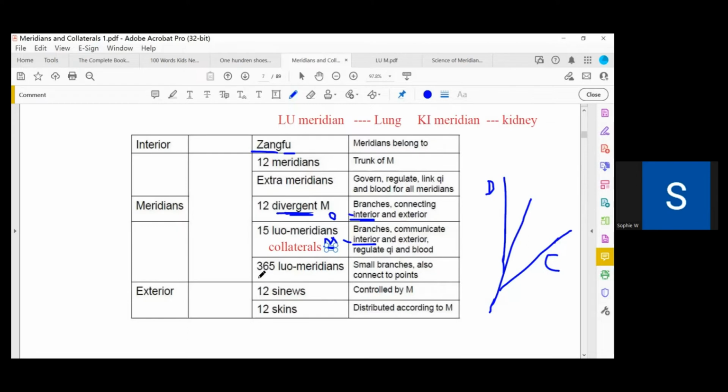And we also have 365 lower meridians. So they're just small ones. Right, we totally have 365, as the small branches also connect to points.